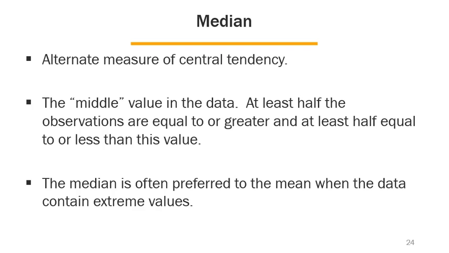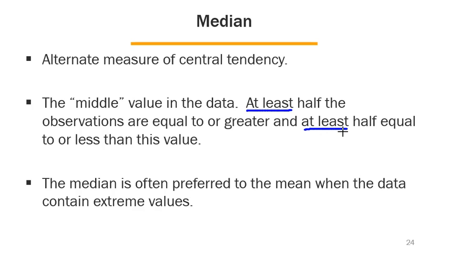All right, median. This is an alternate measure of central tendency. What we have here is the middle value in the data, and at least half the observations are equal to or greater than it, and at least half are equal to or less than it, this value that we're going to look at. Now, with this at least half and at least half is that if you consider our example with 3 schools, at least half of them means 2, right?